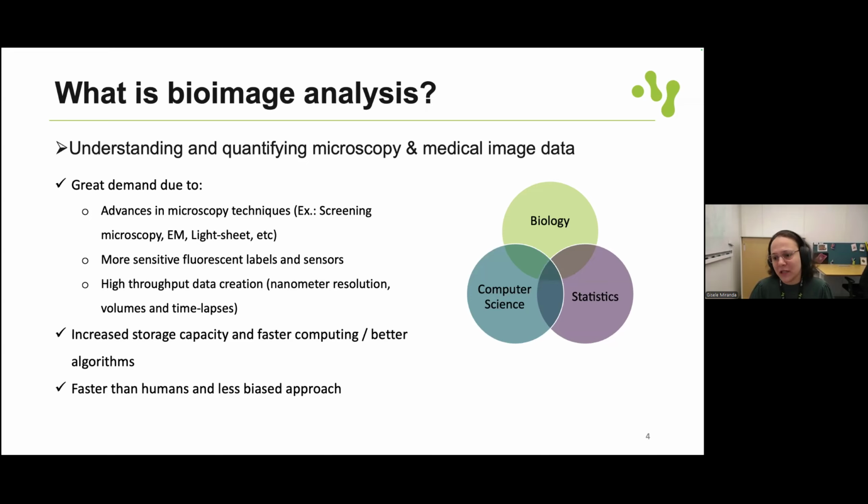Also, a good knowledge of biology is required to interpret the data and to be able to derive biological hypotheses and interpretation about the data. And I would say, a good knowledge of statistics as well to validate your hypothesis. And so this field is also known as bioimage informatics. That was a term coined in 2010 and still very much used.